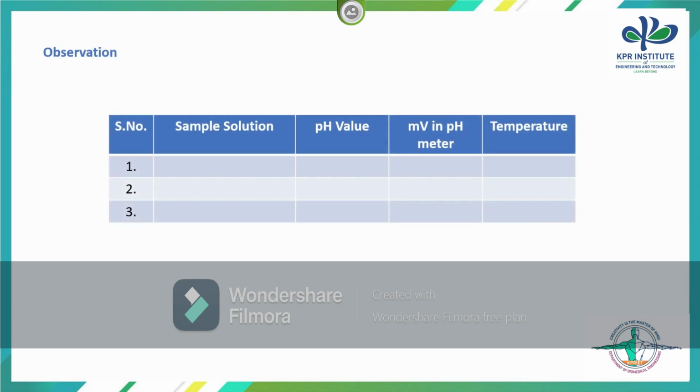The pH of the samples that have been taken has to be observed.